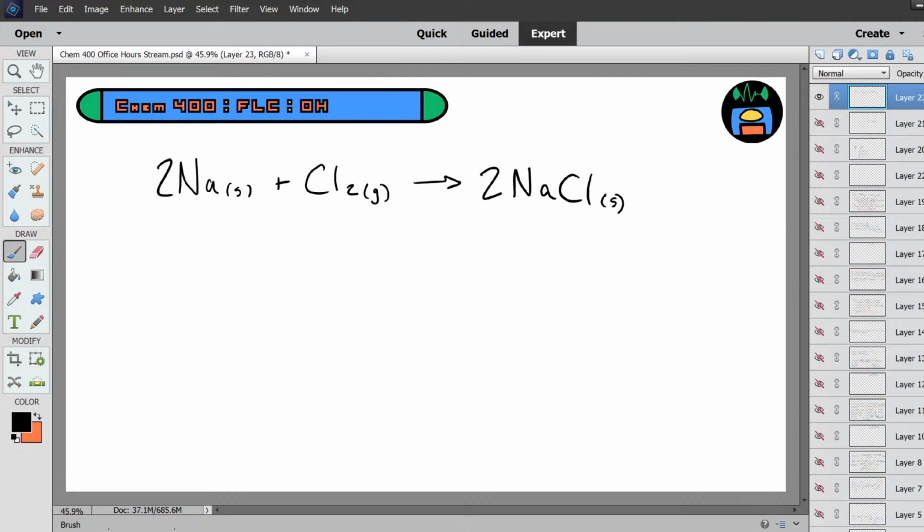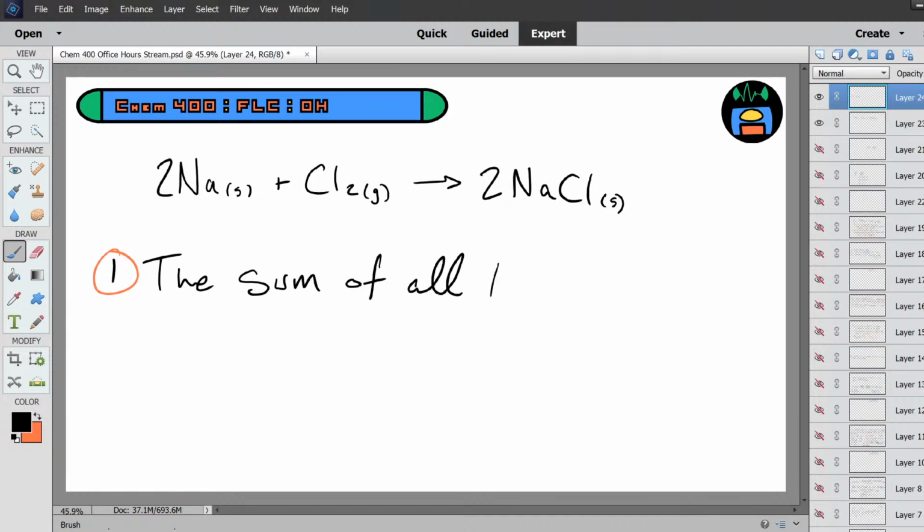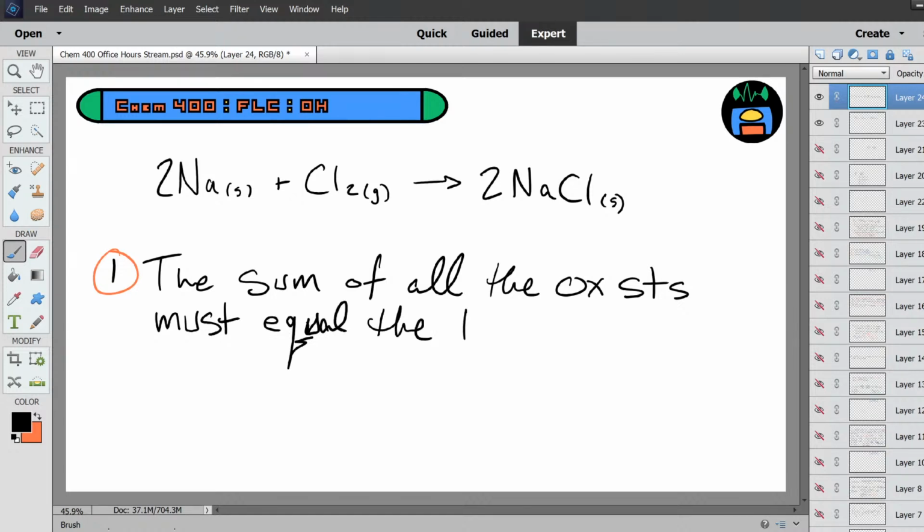Rule number 1 says that the sum of all the oxidation states must equal the total charge.